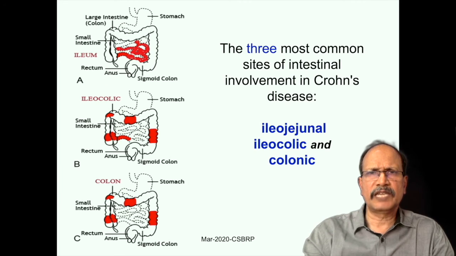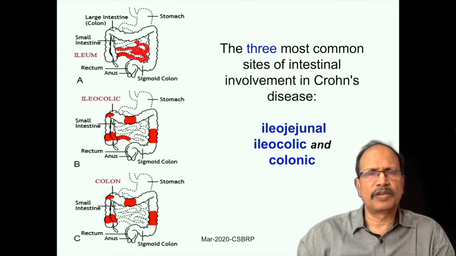Depending upon the site, we classify them as ileojejunal, ileocolic, and exclusively colonic. In ileojejunal disease, the entire small intestine may be involved, and because of this the patient will have malabsorption of vitamins and fat, and probably megaloblastic anemia. In addition to malabsorption, weight loss is very common in these persons.